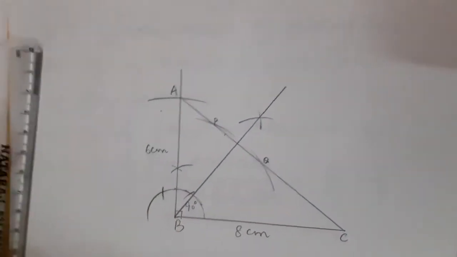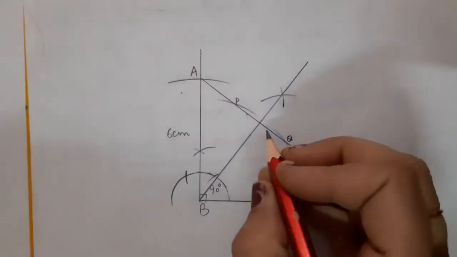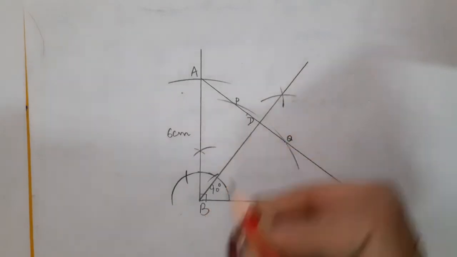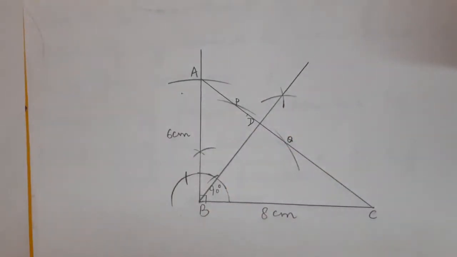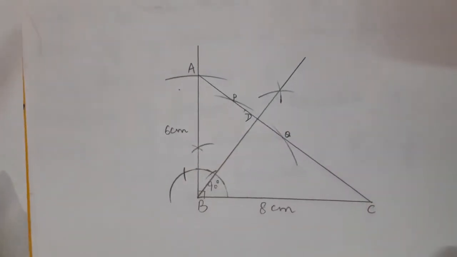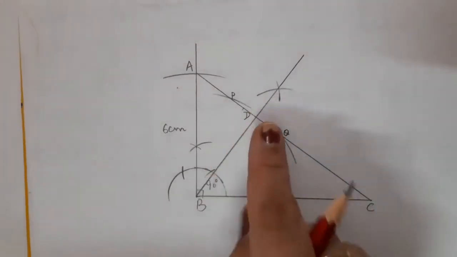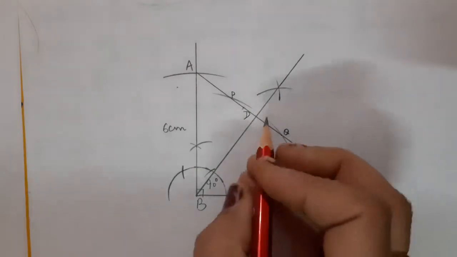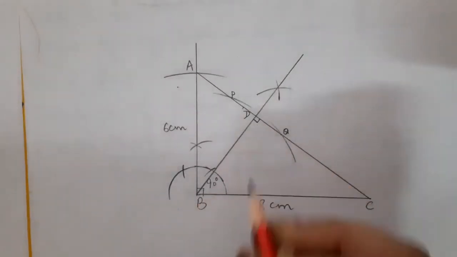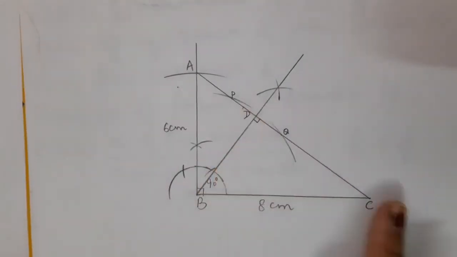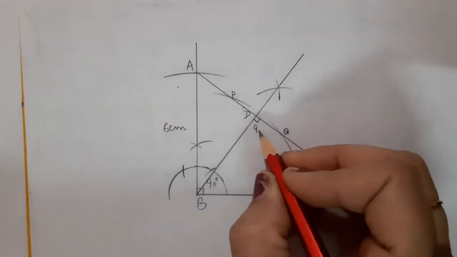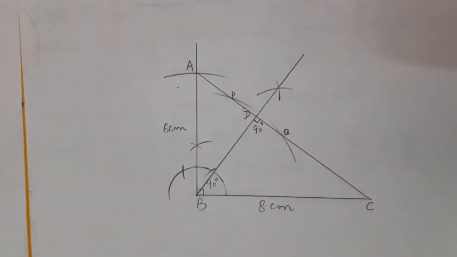So children, here I have got a point, that is point D, on hypotenuse AC such that BD is perpendicular from point B on AC. So I can say that angle BDC is of 90 degree. Understood?